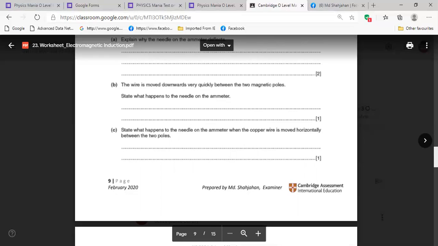No induced EMF. That's why no movement of the needle, right? They are asking about the needle, right? Yes. No movement of the needle as there is no induced EMF, as the magnetic field lines are not cut by the wire.